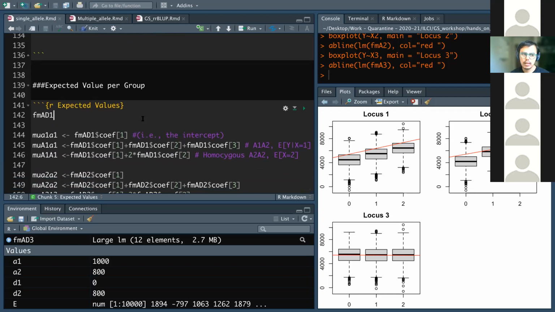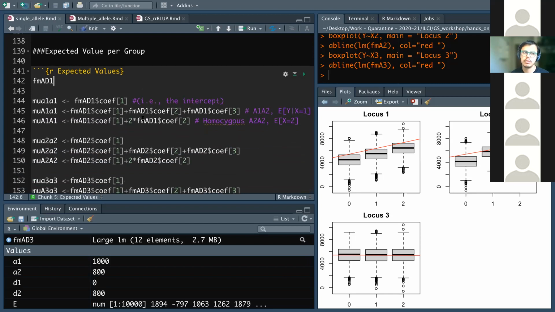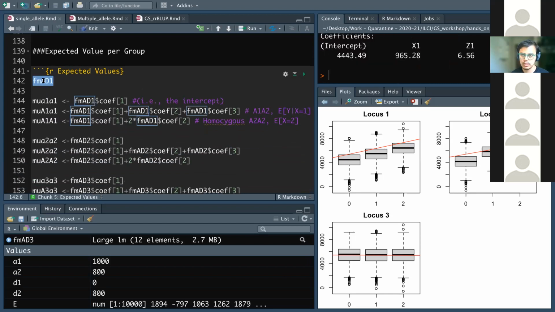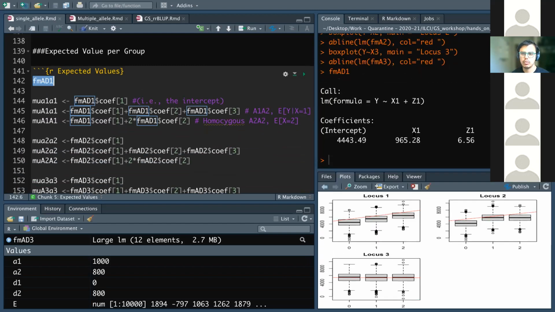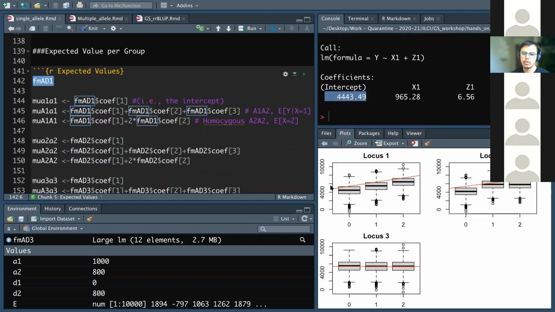Okay, and so then with that information, with those linear regressions where we estimate the slope, so I didn't show you that, but with the linear regression we have the intercept, which is basically the phenotype when the value of the locus is 0. And then we have the effect of the slope, which is the additive effect. And then we have the dominant deviation, or the effect from those that have that genotype.